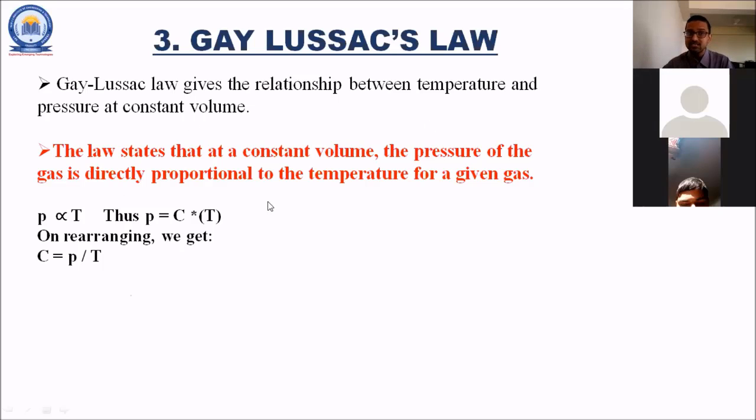So according to this statement, we can write down mathematically, P is proportional to capital T. Removing the sign of proportionality, we can write down P is equal to C into T. On rearranging the terms, now we can write down C is equal to P by T. So this is the simple understanding related to Gay-Lussac's law.